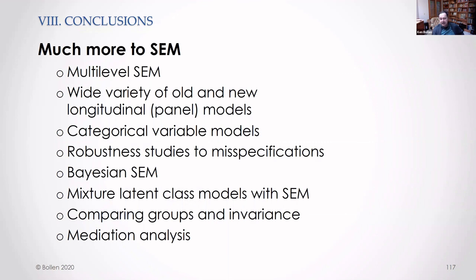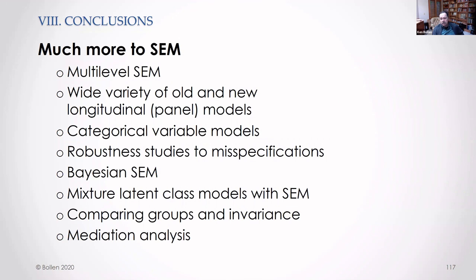There's books on Bayesian structural equation modeling, so lots of Bayesian approaches to data like this. There's latent class models combined with structural equation models, where if you think that there are underlying groups in your data, but you're not quite sure what those groups are, you can simultaneously estimate your structural equation model, but also the number of latent groups that might underlie those data.